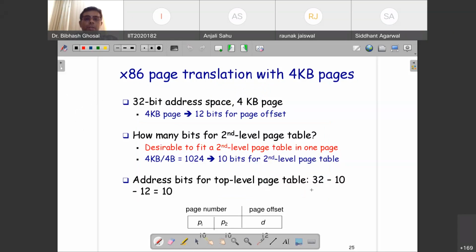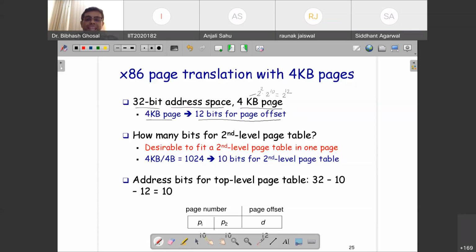Just a typical example of the x86 page translation with 4 KB pages. Assume that we have a 32-bit address space, and let us assume that 4 KB is the page size. A 4 KB page means 12 bits for the page offset. This is 2 to the power 2 times 2 to the power 10, so 2 to the power 12.